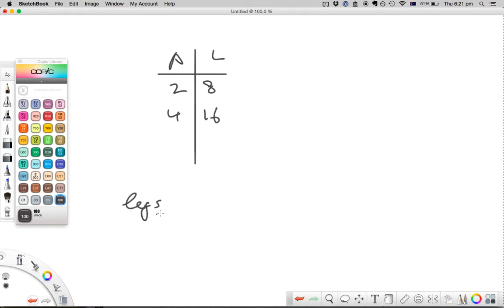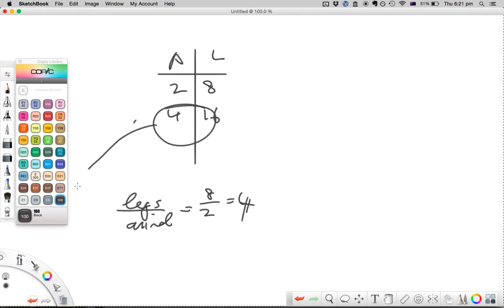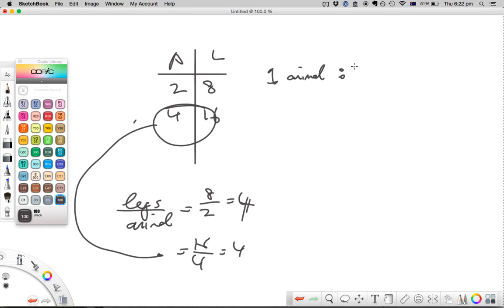So legs per animal equals 8 over 2 equals 4. Or we could use these numbers, 16 over 4, again equals 4. So one animal will have 4 legs. Again, ratio.